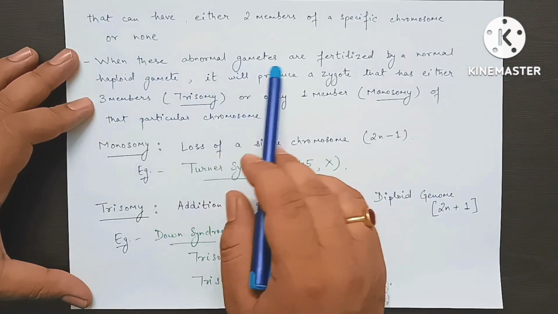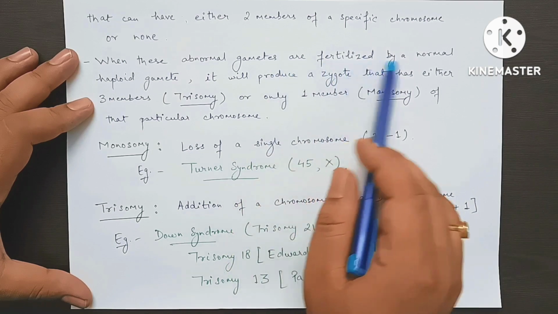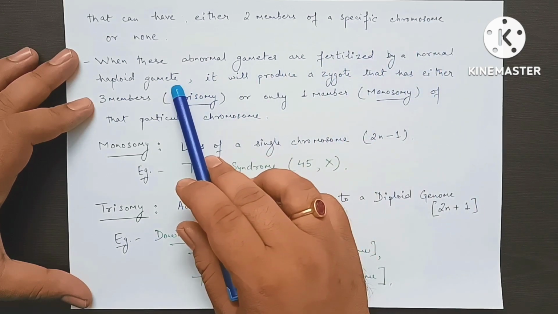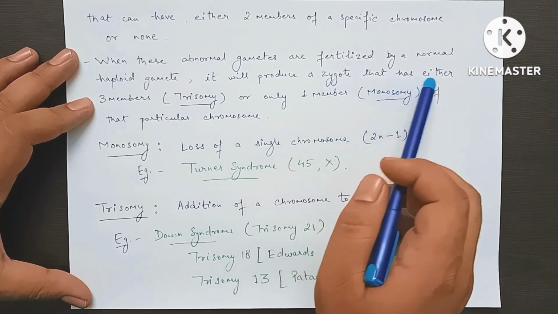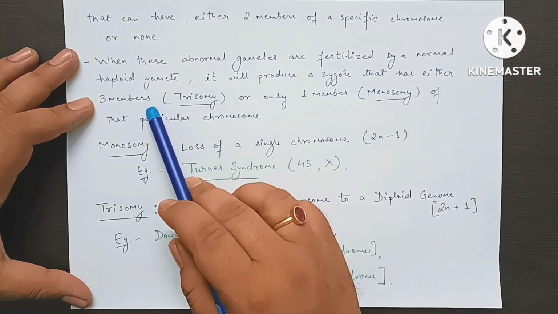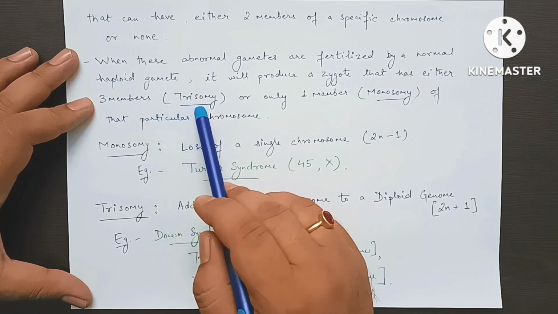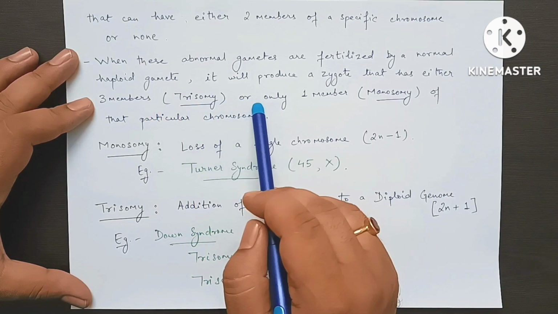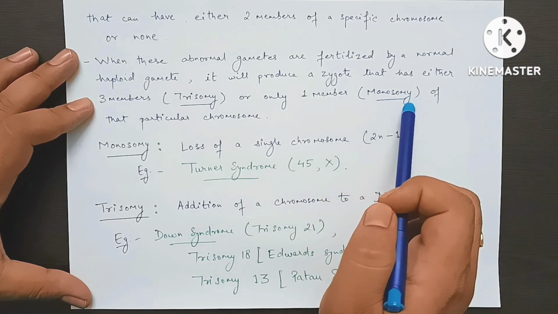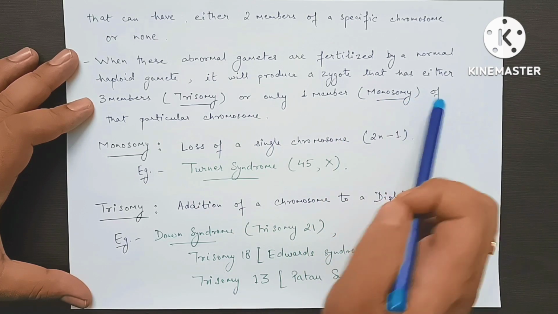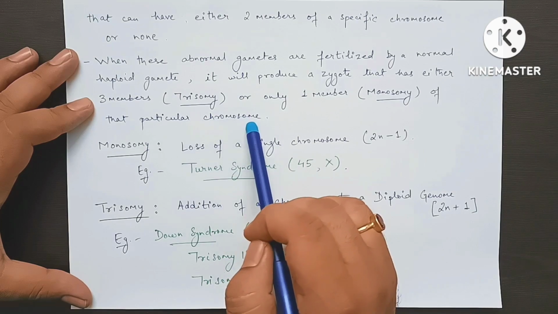When these abnormal gametes are fertilized by a normal haploid gamete, it will produce a zygote that has either three members, that is trisomy, or only one member, that is monosomy of that particular chromosome.